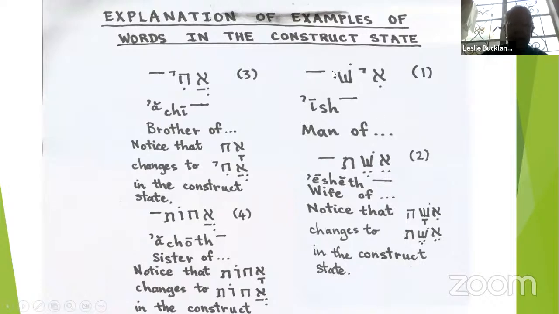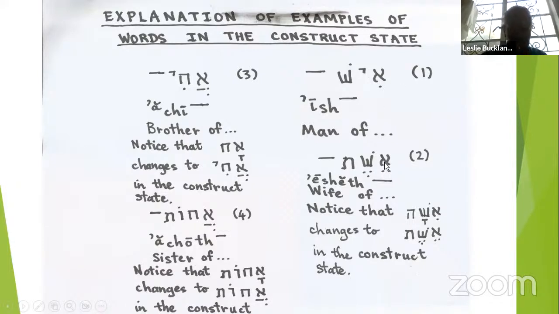So you know that this is in the construct state when you see the noun and you see a horizontal line to the left. It's in the construct state because it doesn't stand by itself, but it is being joined or bound or tied or connected to another noun to explain something more about the first noun.